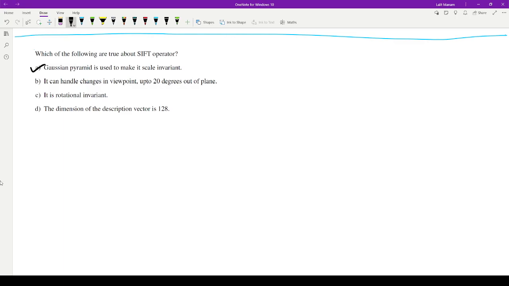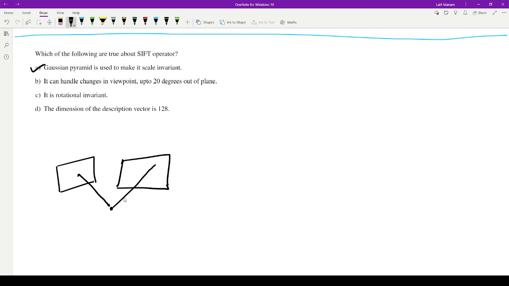What do you mean by out of plane? Maybe the objects are tilted. You always tilt the camera, right? So if you rotate an object like this, do you think it's an in-plane rotation or out-of-plane rotation?